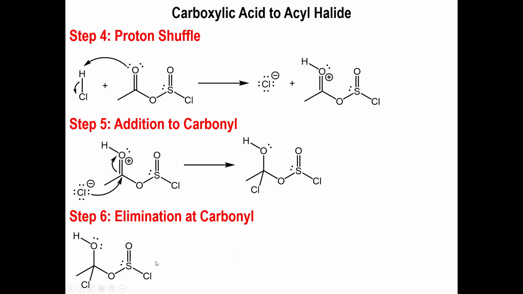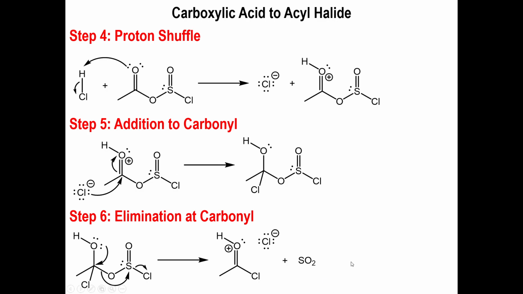So this comes back down and it kicks off the group. This turns into sulfur dioxide, and then you have chloride also being produced in the process. Now, the sulfur dioxide is actually a gas the moment it's formed. So once you form it, as long as the flask is open to the atmosphere, it's gone. It's basically lost. And that drives the reaction forward to completion.